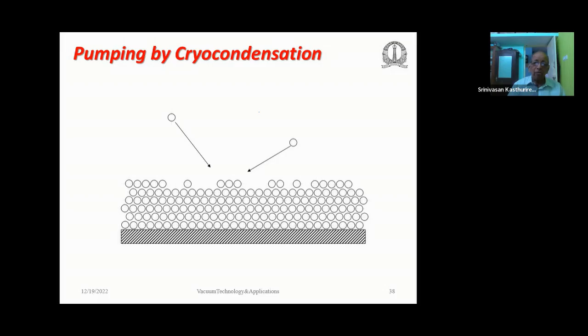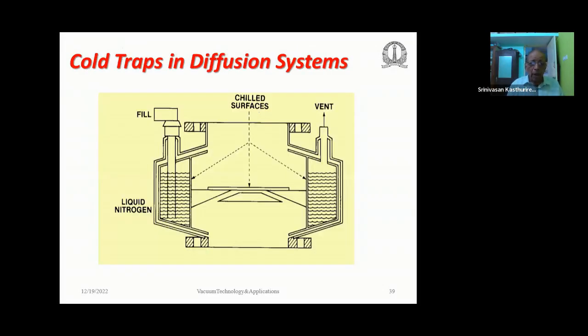So that means if I want to pump a gas, all I do is introduce a surface which is cooled to very low temperature. If I introduce that, automatically by condensation, the vapor pressure is continuously reduced, so you get the pumping effect, right? Okay.